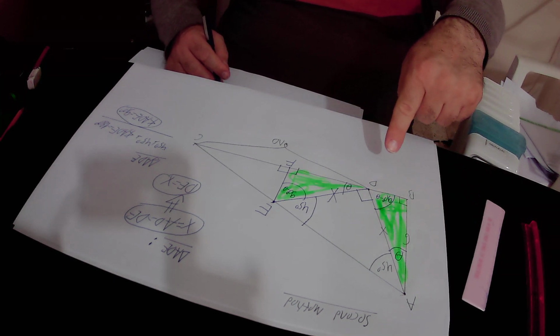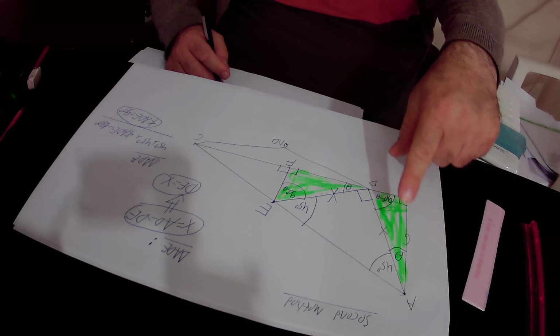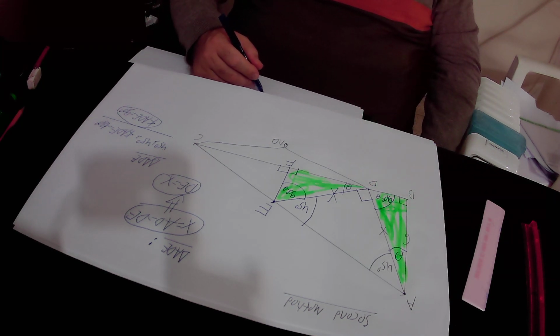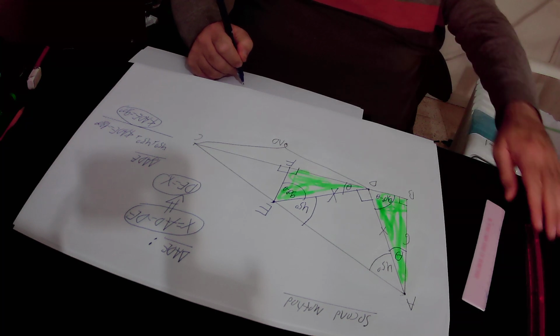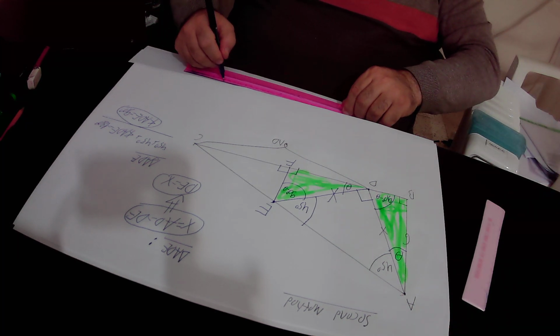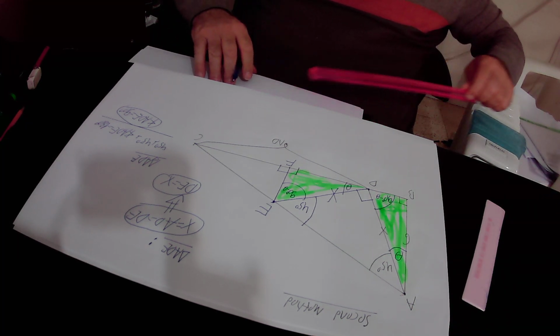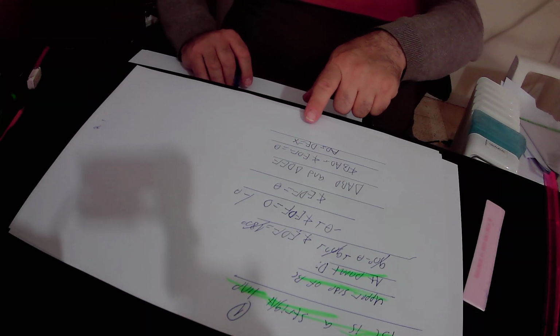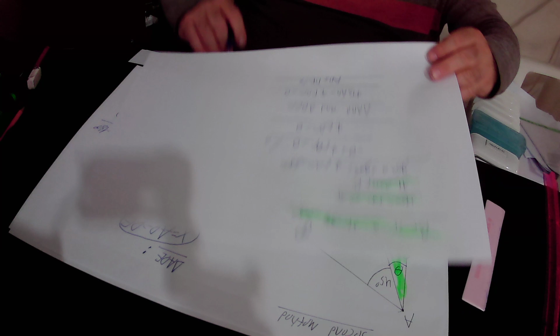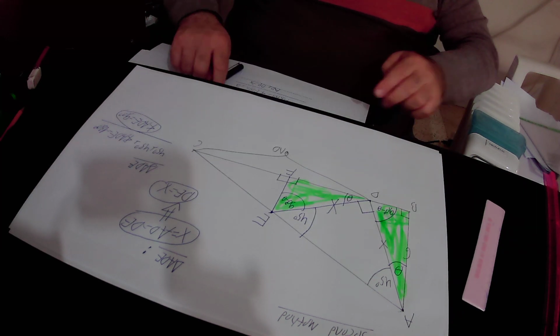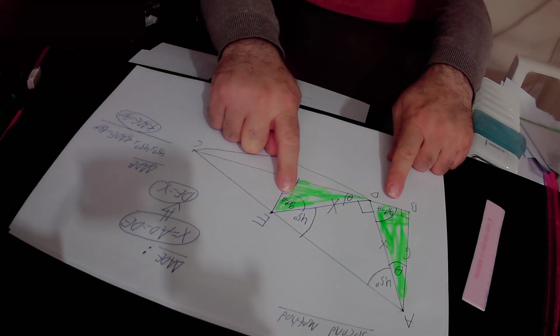Side AD equals side DE, and both sides are equal to x. I'll repeat again, AD equals DE and they are both equal to x. And also those two angles are equal to each other; they are both equal to 90 degrees minus theta.